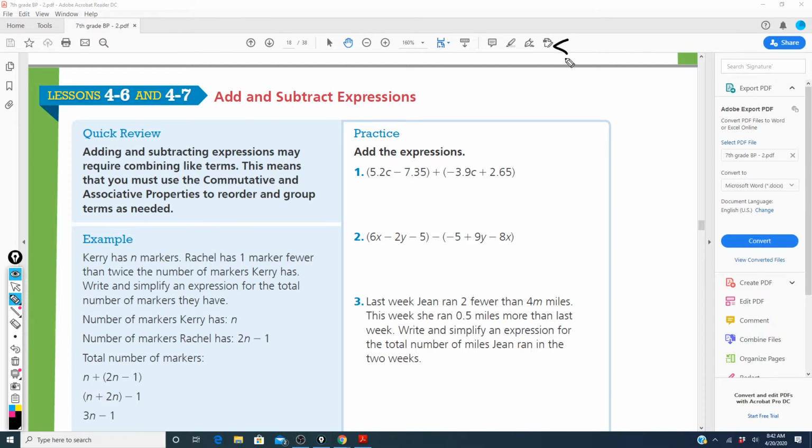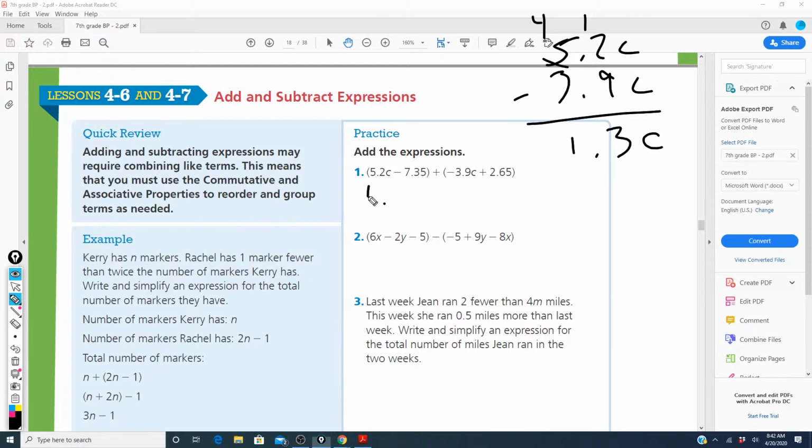So when you take 5.2c and you add negative 3.9c, or subtract 3.9c, that's going to give you 1.3c.